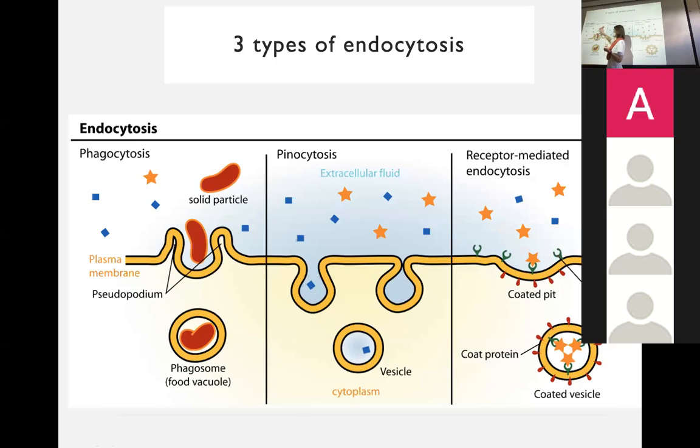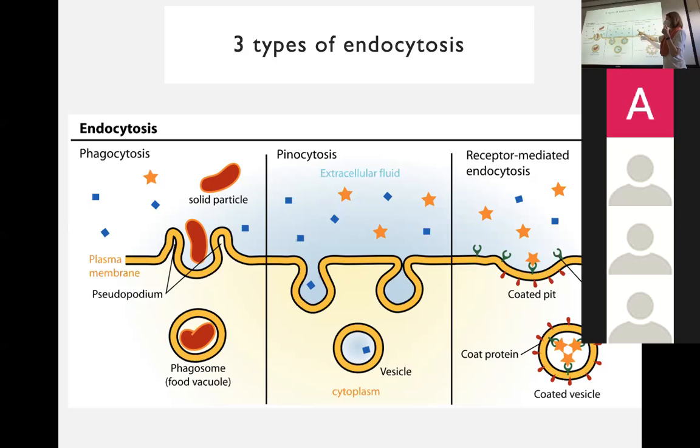That's where you have a big solid particle or multiple big solid particles that you want to bring in. So this particle would not be able to move across the membrane in a protein. It's just too big to actually have a protein able to bring it in. So that's why endocytosis, specifically phagocytosis, is bringing it in. So a large solid particle is brought in by phagocytosis.